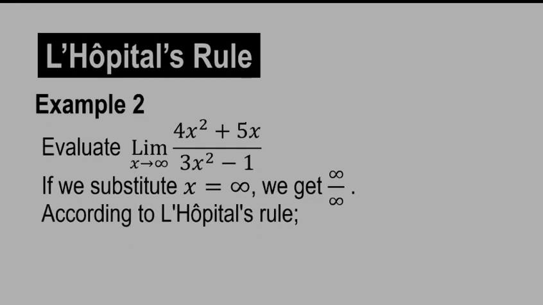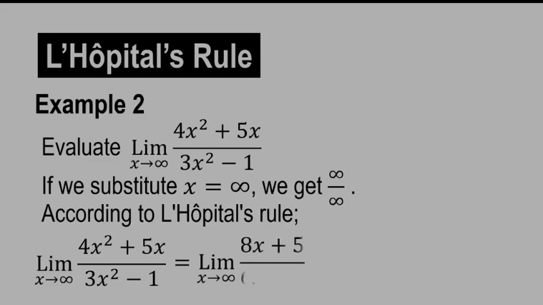According to L'Hopital's rule, limit as x approaches infinity of 4x squared plus 5x divided by 3x squared minus 1 equals limit as x approaches infinity of 8x plus 5 divided by 6x minus 0.